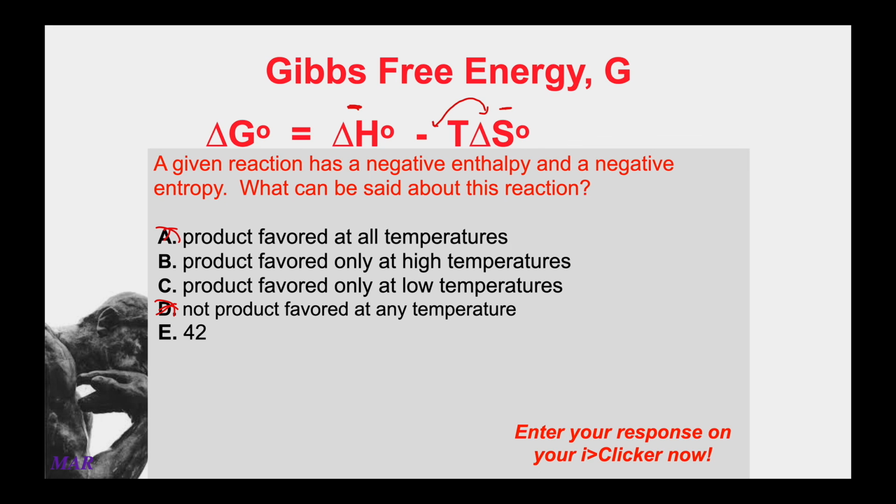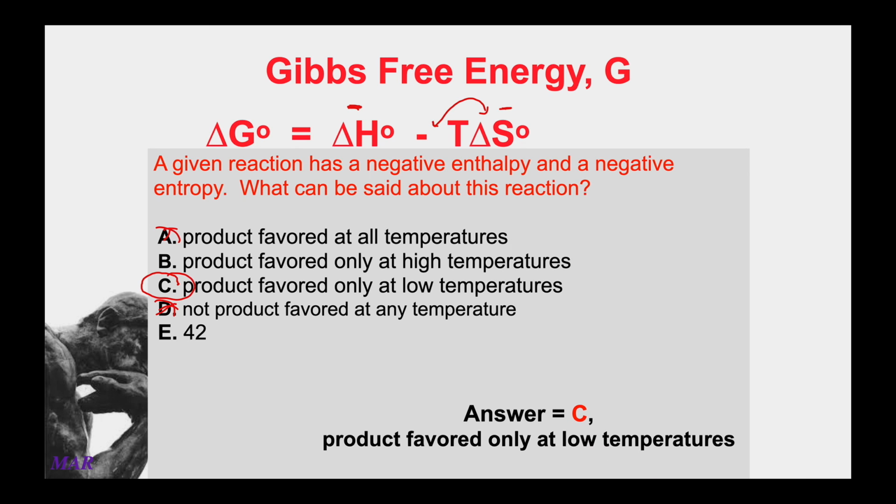And delta H here wants the reaction to be negative. It's a negative delta H. So what we would say here is that if the temperature is lower, all right, then the lower temperature times delta S, which gives you, by the way, a positive number, it won't be larger than the negative delta H. Low and high here are very relative.